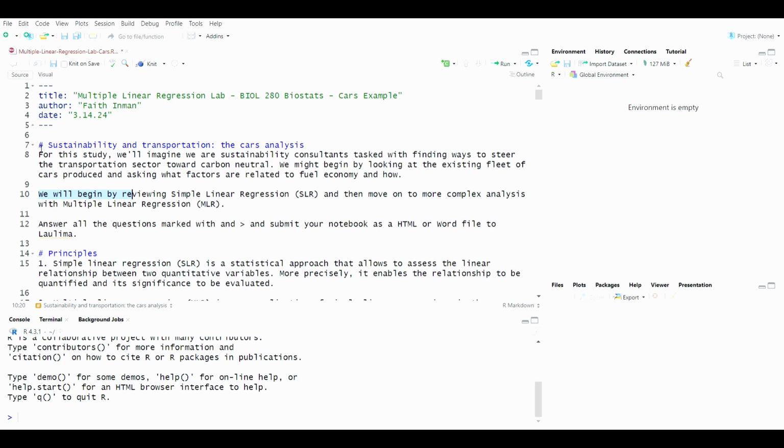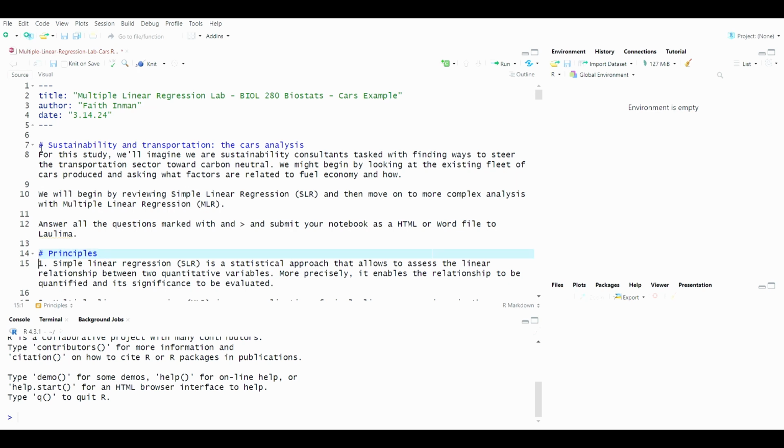We will begin by reviewing simple linear regression, SLR, and then move on to more complex analysis with multiple linear regression, MLR. Be sure to answer all the questions marked with a forward-pointing arrow symbol and submit your notebook as an HTML or Word file to Lalima.